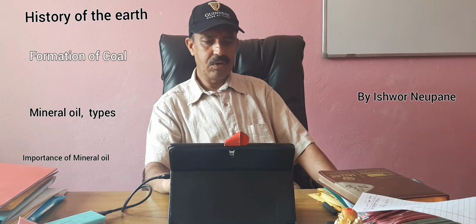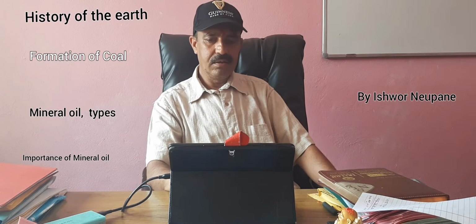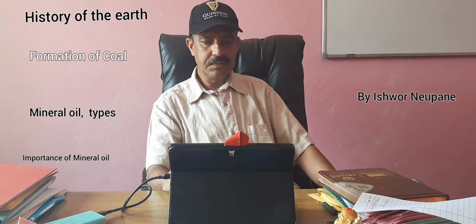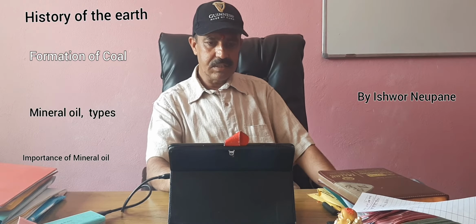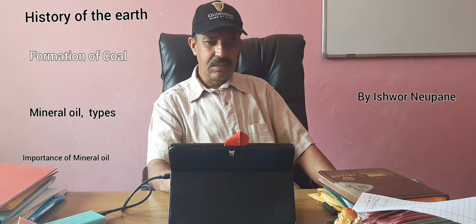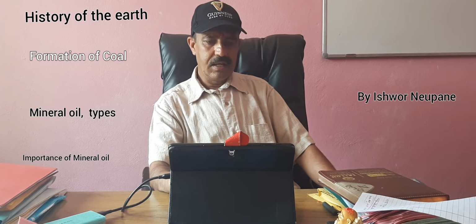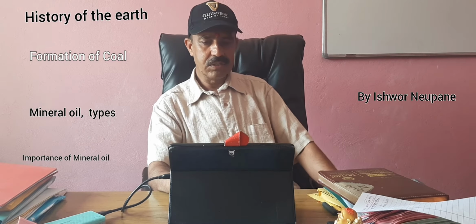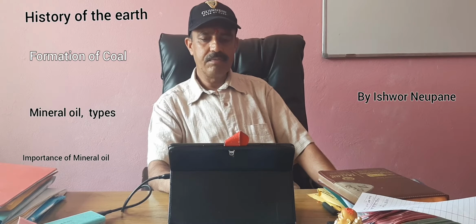So we'll be discussing about mineral oil, then formation of mineral oil, and then we'll be discussing next heading, what is that? Different petroleum products, okay, and importance of mineral oil, and finally we'll be discussing about some reasonable facts.